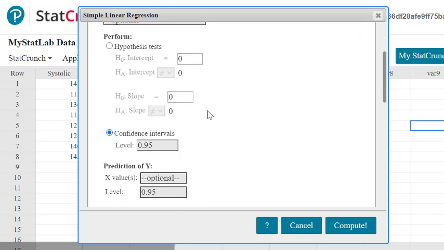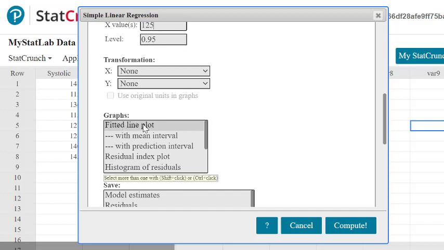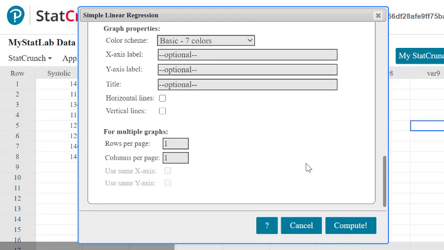We don't need a confidence interval either, but let's just select that one. And the best predicted value for 125. There's a bunch of other things. Let's just do a graph for the sake of looking at it, eyeballing the correlation, and I think that's it.